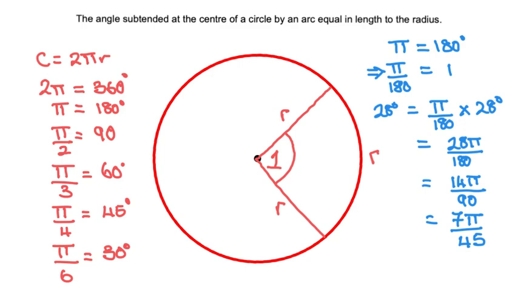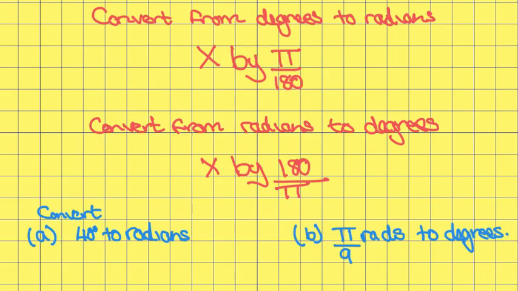So 28 degrees is equal to 7 pi over 45 rads or radians. So to convert from degrees to radians, multiply by pi over 180, and to convert from radians to degrees, multiply by 180 over pi. So let's do a couple of quick examples.